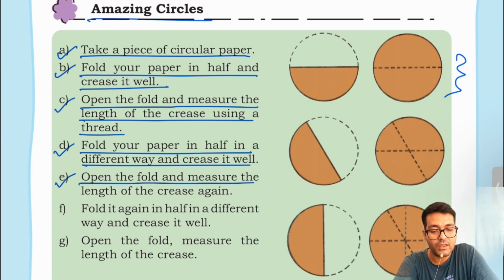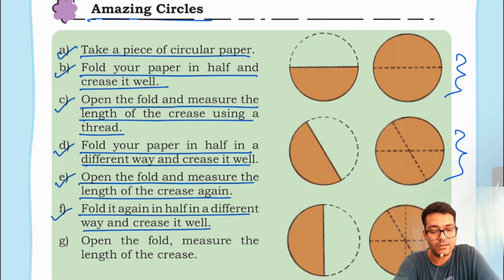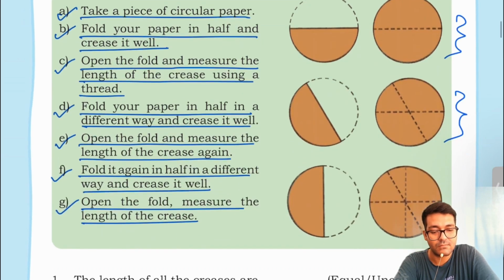E. Open the fold and measure the length of the crease again. F. Fold it again in half in a different way and crease it well. G. Open the fold and measure the length of the crease. If you measure the length of the creases, you will get the same length.